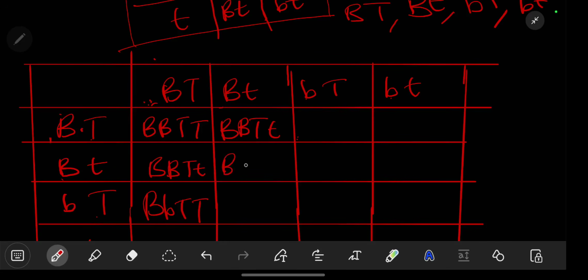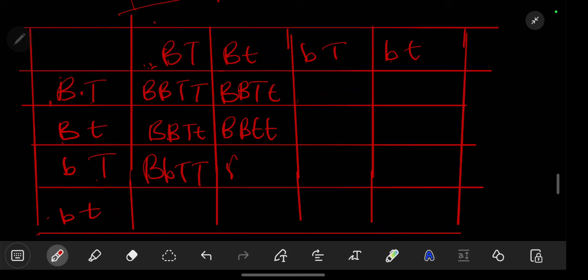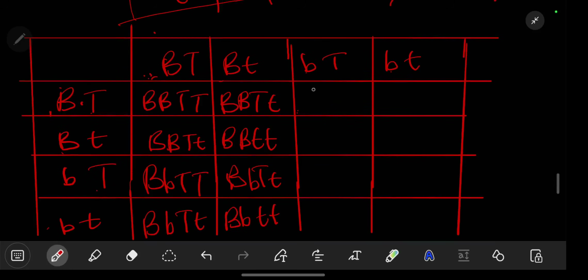We have our b, T, small t. We have our b. We were not done here, so we have our b, small b, big T, small t. So here we have our b, small b, T, small t. We are here b, T, T. We are going to have our b, T, T, like that.